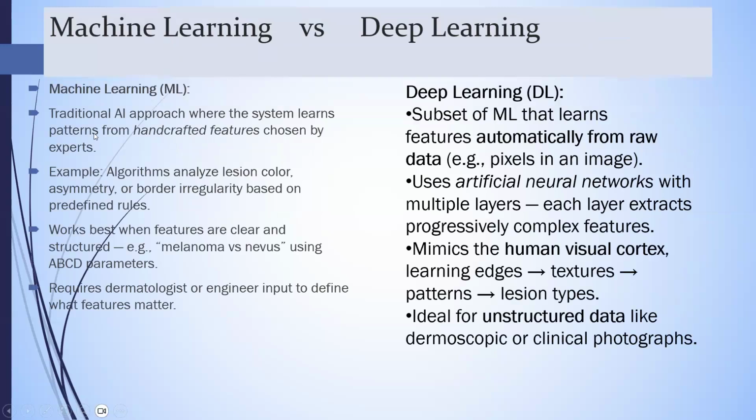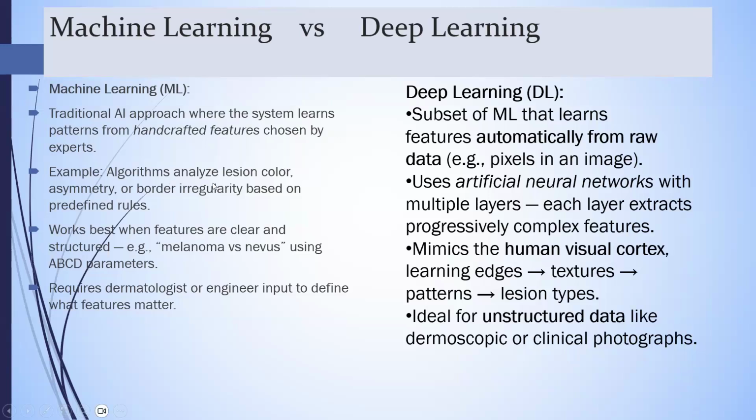Machine learning is a traditional AI approach where the system learns patterns from handcrafted features chosen by experts. So I'm going to tell you, this is a U loop, this is a screw pattern, this is a thin vessel, this is a brush like blood vessel. I am going to give you some inputs based on these images, and those will be compiled, and many experts will be there, everybody will give their inputs, and that has to be stored and processed.